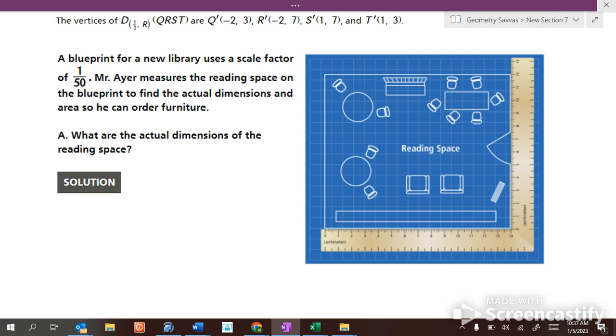So the reading space is, I think, this whole room area here. This is all reading space here. Okay? So, now if it's a 1 to 50 ratio, this is 12 high and 14 long.